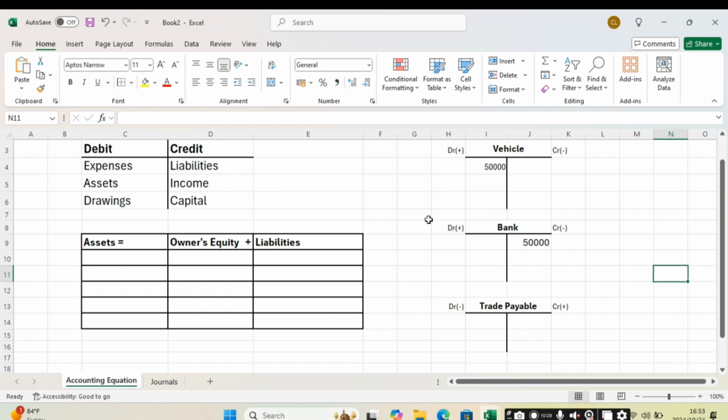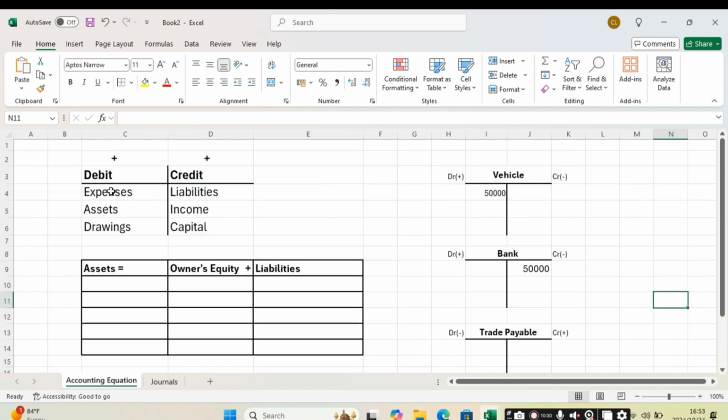So what I meant before, I said all the accounts on the debit side, if you see an amount on the debit side in one of these accounts, they're increasing. For example, we have a vehicle. We can see we have an amount on the debit side. It means that particular asset is increasing.